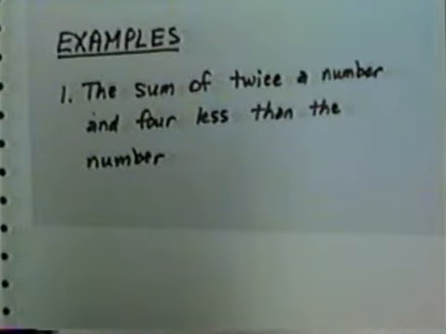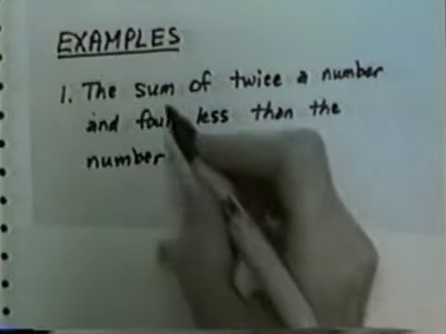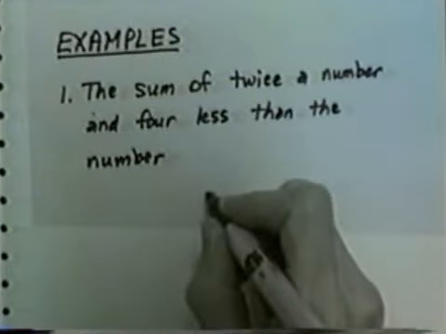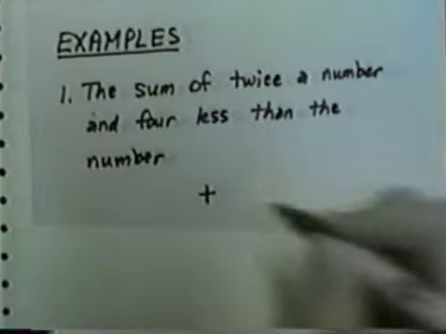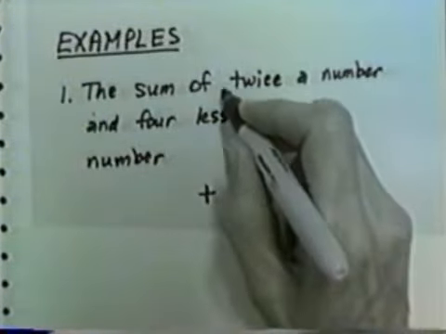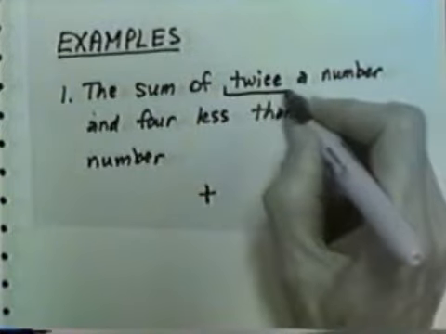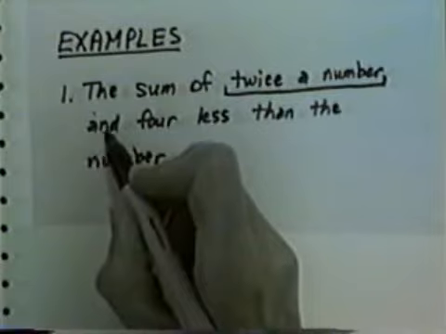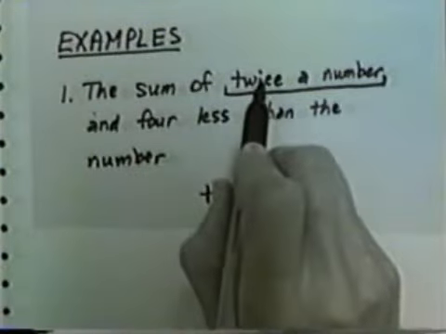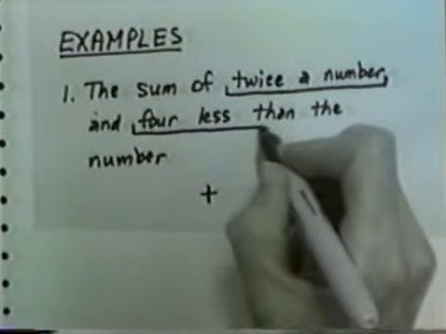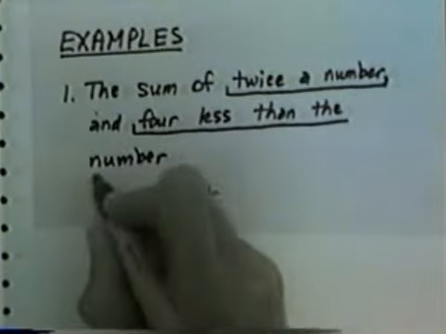A key word here is sum. We must take the sum, which means we're going to add the sum of two things, twice a number. Then we get to the word "and" and we know we're ready for the second expression, which is 4 less than the number.